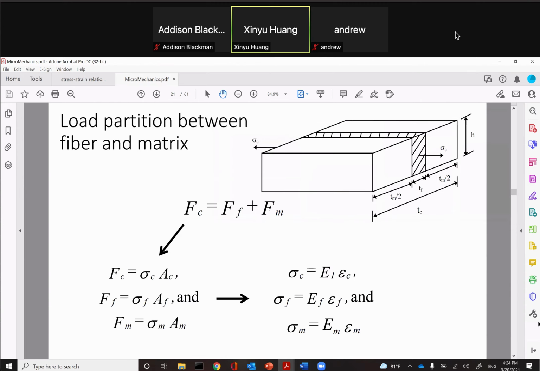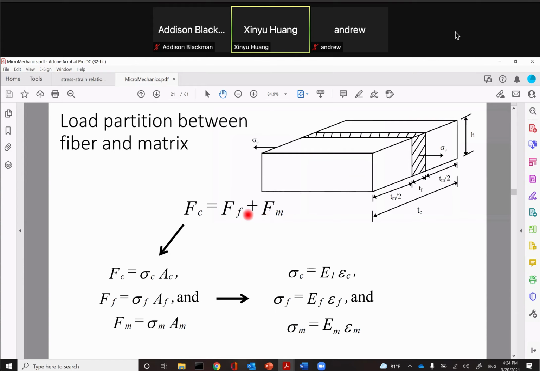So you basically use this argument: the total reaction force from the composite is the sum of the reaction force from the fiber, which is this part, and the reaction force from the matrix. This is a mechanics equilibrium condition.